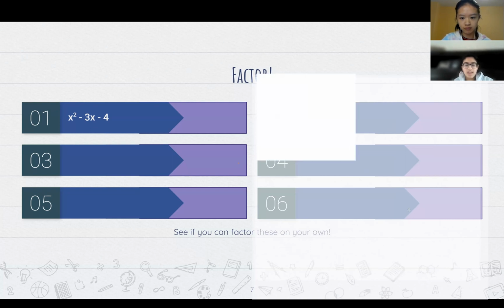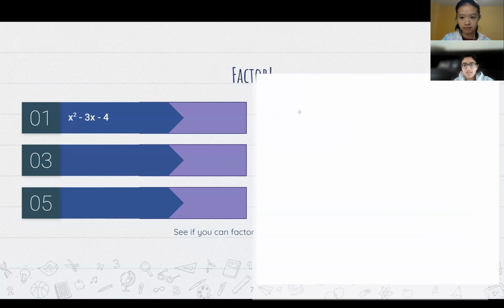So you could get x plus blah blah. And make sure you have it in x plus a times x plus b format, not the roots.